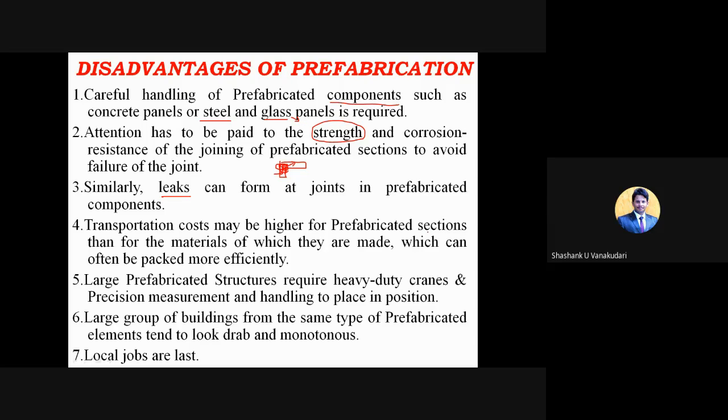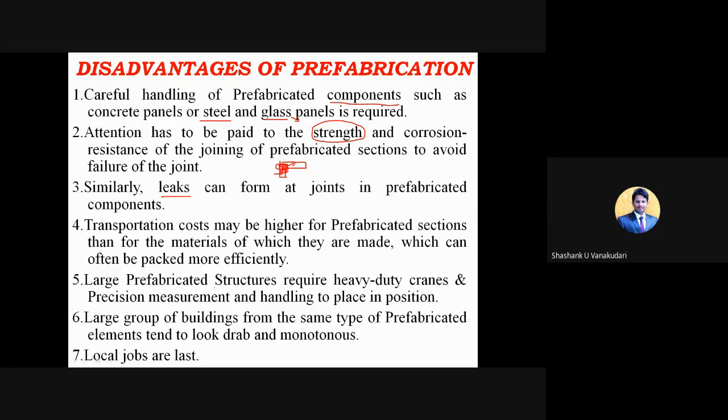So we need to handle those structural elements carefully even while transporting and while installing. And for transportation cost with respect to distance, if it is nearby then it is going to save some cost, else the transportation cost of those elements will also be higher.